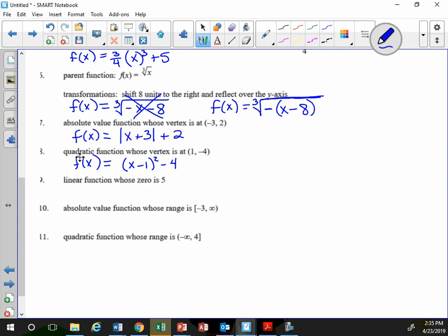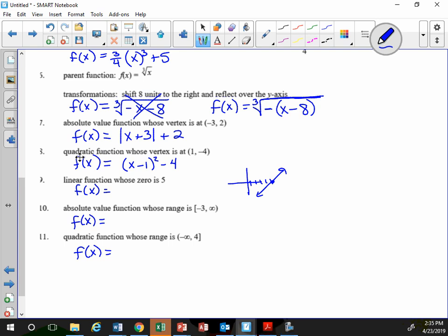The last one? Okay, we'll talk about that. All right, the linear function whose 0 is 5. Guys, what that means is that 1, 2, 3, 4, 5 is over there. And there's your line.